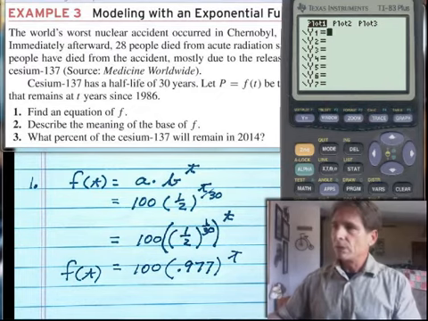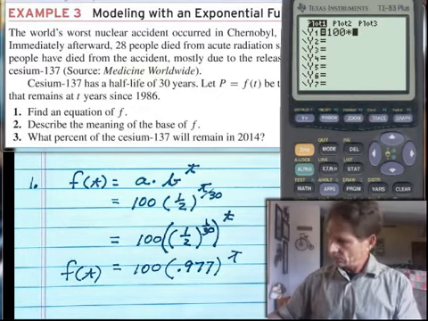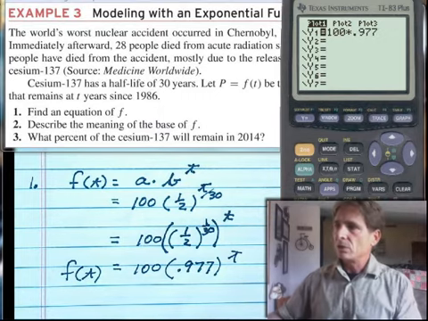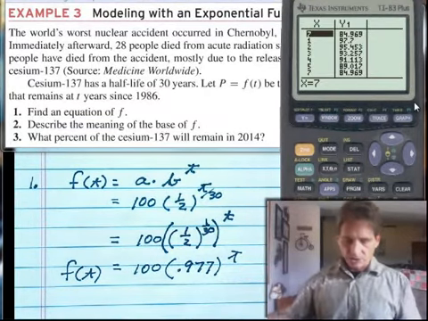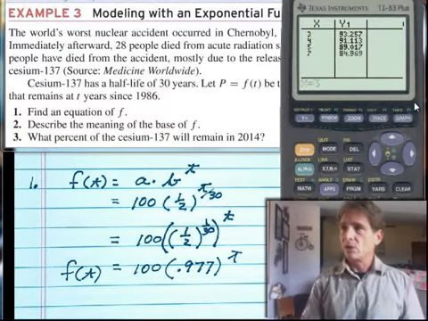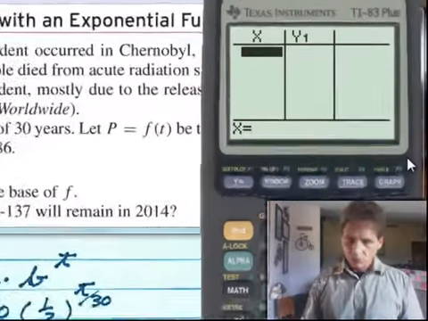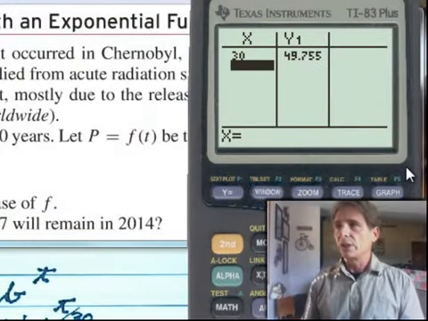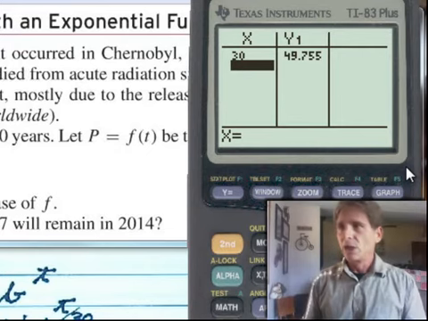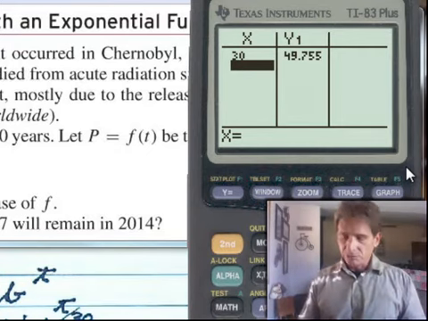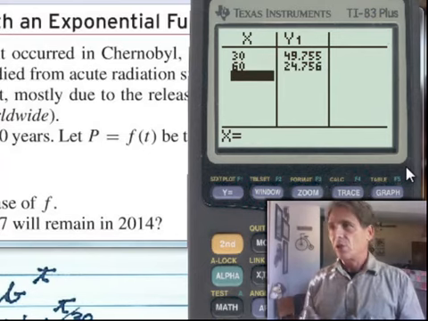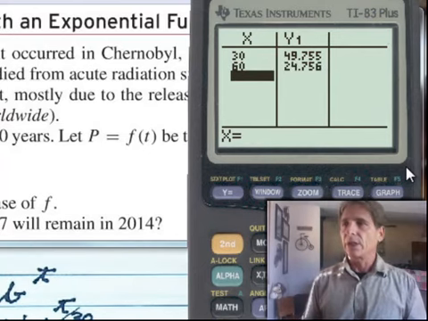So we have 100 times 0.977 raised to the T. Enter. And I'm going to go into table, and I'm just going to hit delete a whole bunch of times to clear all these out. So notice if I put in 30, I do get that there's about half as much. 49.755 is almost 50%. Let's put a 60 in, and notice I get about a quarter, which we guessed as well.